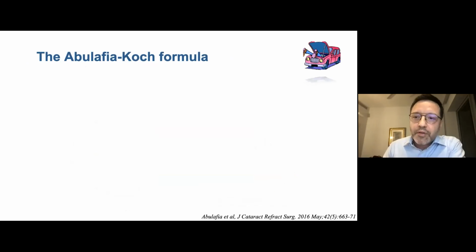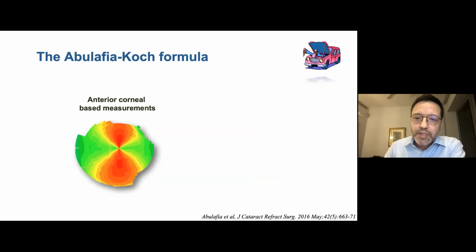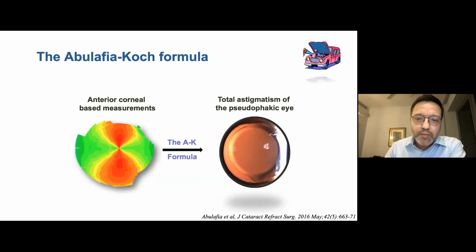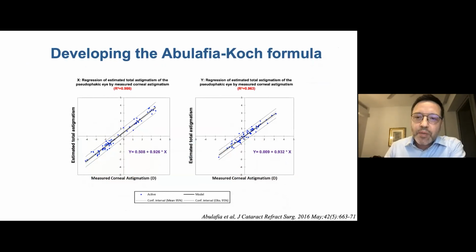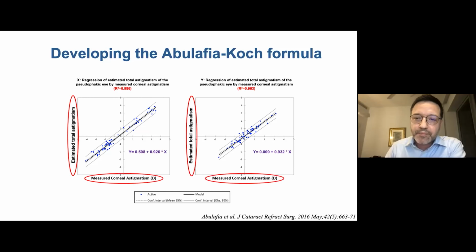So let's look under the hood of one of the mathematical models, the Abulafia-Koch formula. Now, it was designed as an add-on feature for standard toric calculators in order to compensate for the differences between the anterior corneal astigmatism and the total astigmatism of the pseudophakic eye. It is based on two separate linear regressions for calculating the X and Y components of the estimated total astigmatism using anterior corneal measurements.